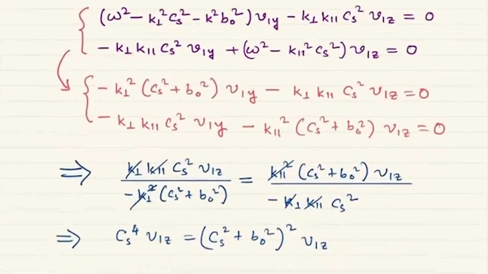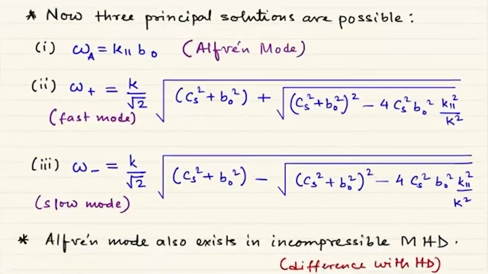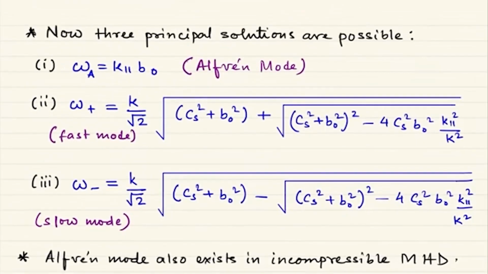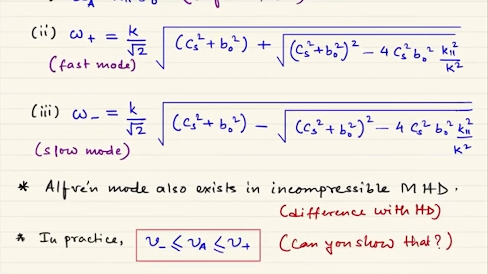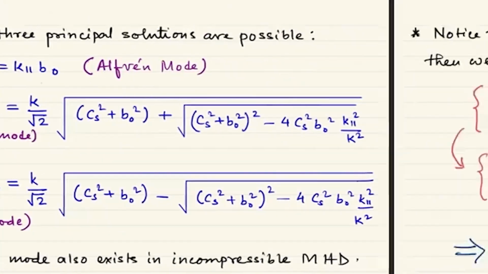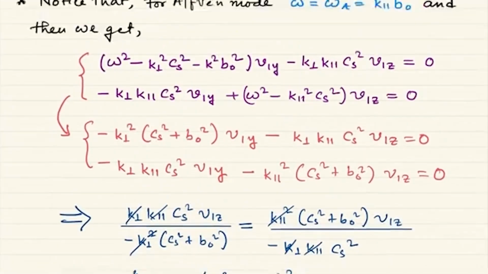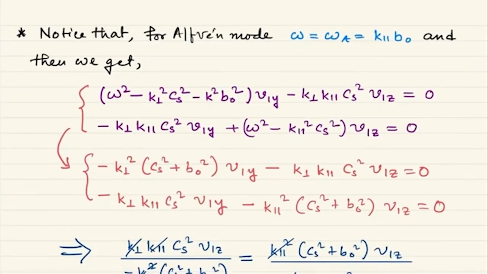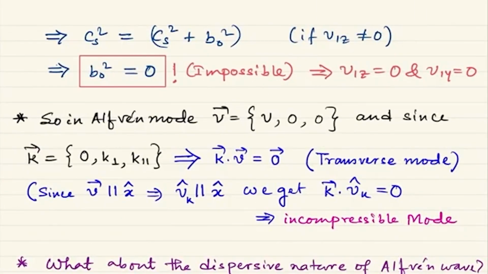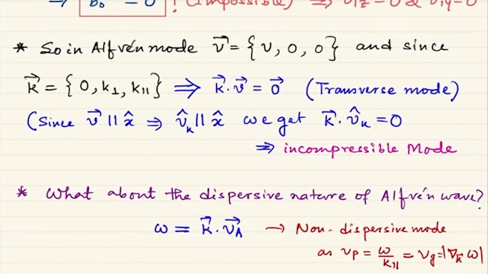Yes, at some point I have to write this, that is equivalent to B0 over here. And so that is B0. So B0 is the Alfven speed for us. So it is not K dot VA, but it's K dot B0.